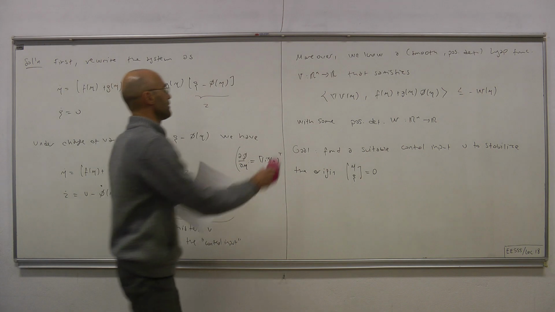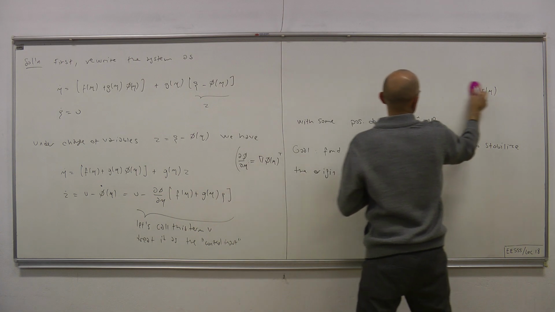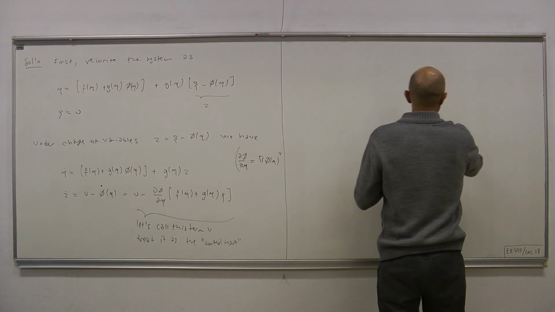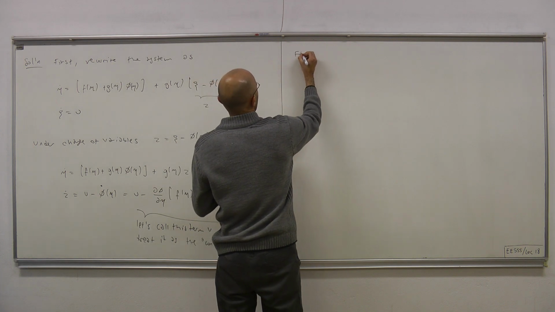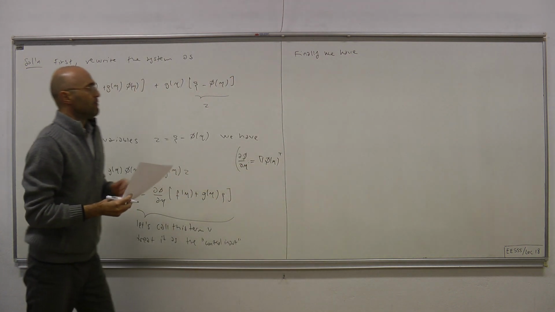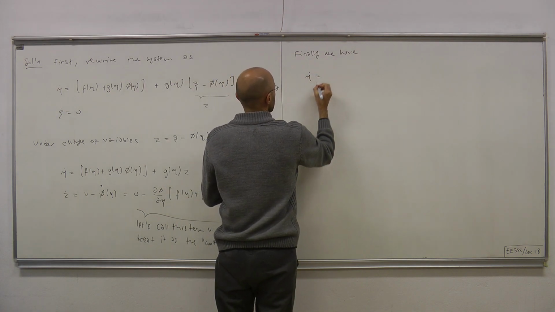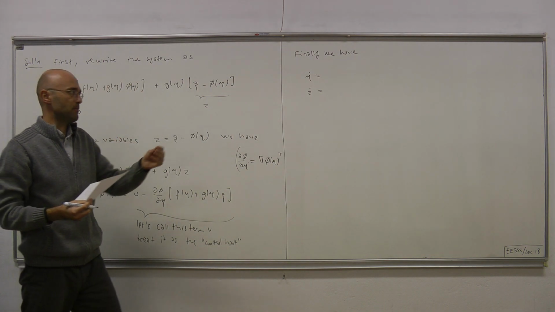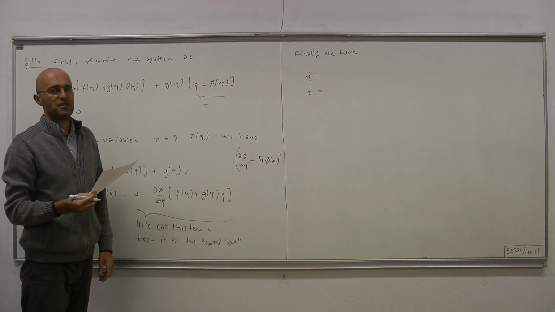So what we have, therefore, is the following. Finally, we have the following. Eta dot equals something and z dot equals something. So we start with an eta xi system. Okay, eta is in R^n and xi is a scalar, and together they make the state of our system.